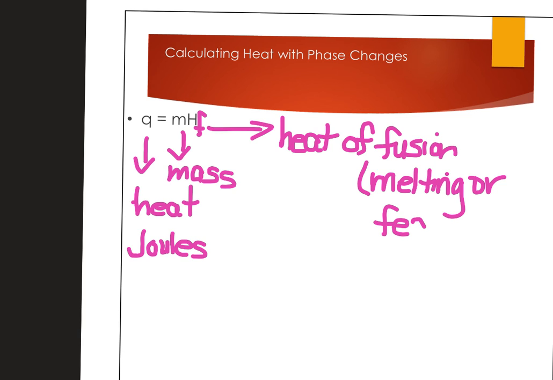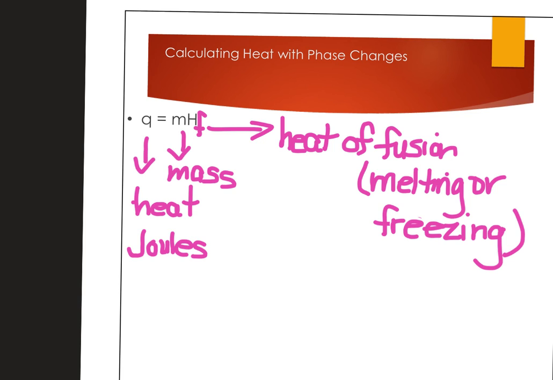If we're on a heating curve, we're absorbing energy, so it will be a positive value. And if it's a cooling curve, freezing, then it would be a negative value.